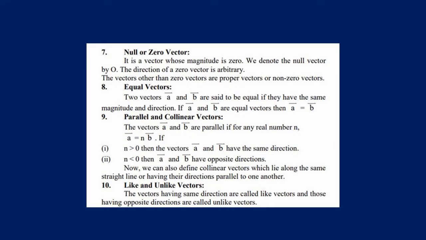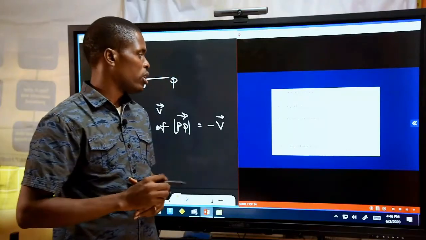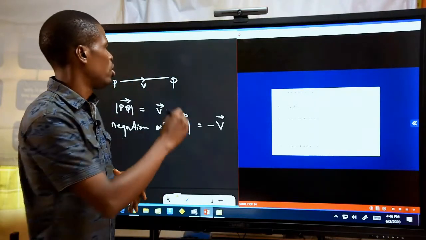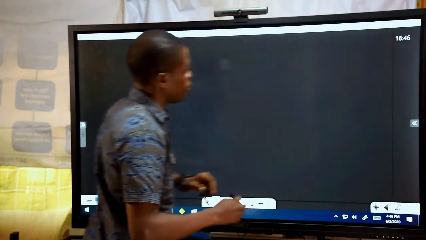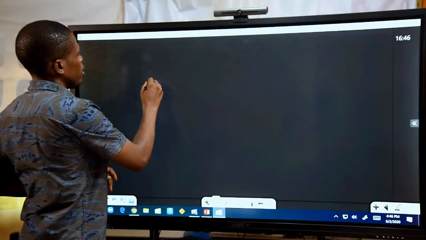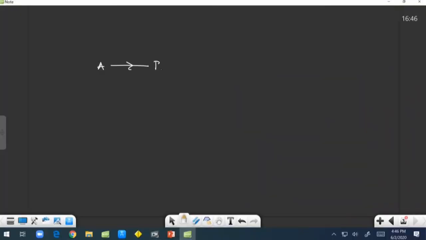We have what's called equal vectors. When two or more vectors are equal, that means that they have the same magnitude and direction. They have the same what? Magnitude and direction. We can consider an example. When you look at an example of equal vectors, we have vector AB, maybe a line AB, okay, which is given as AB is a vector.